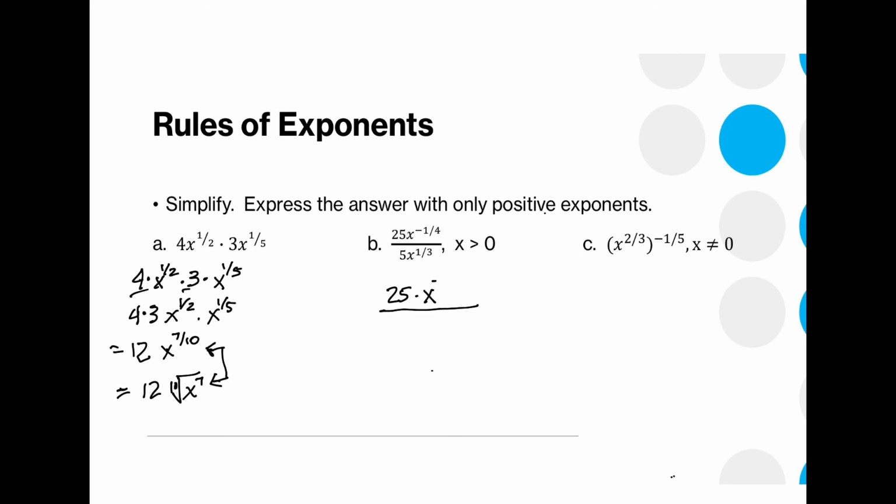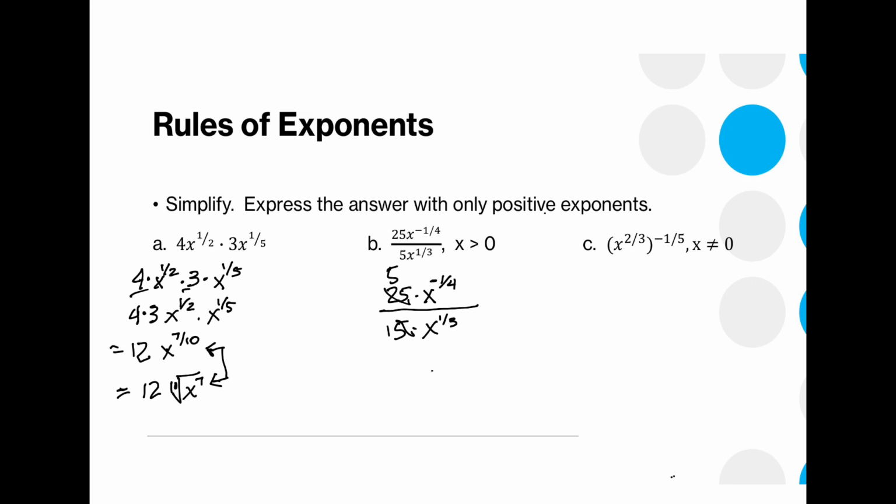We don't have to write that there, but sometimes it helps to clarify what we have and what we can do with it. These are all products, and so I can look at the numbers and simplify them right away. Like 5 goes into 25 once, so that got rid of that.